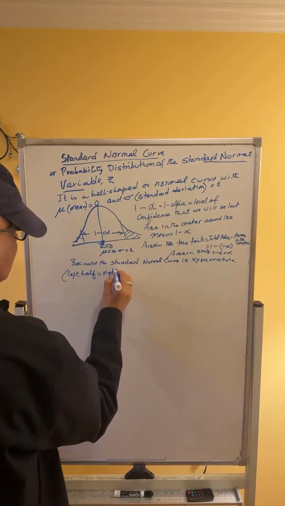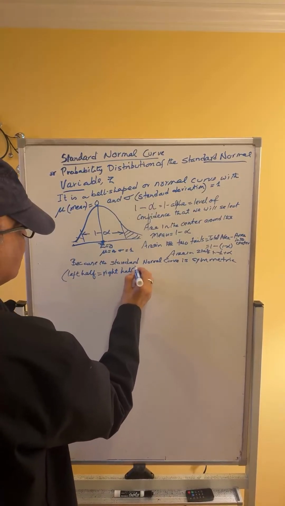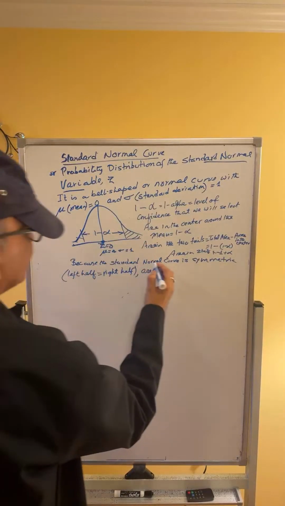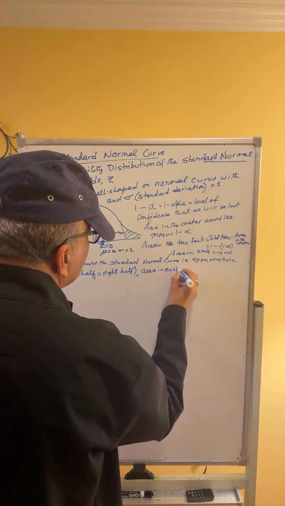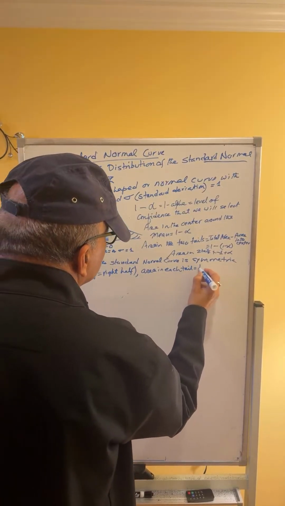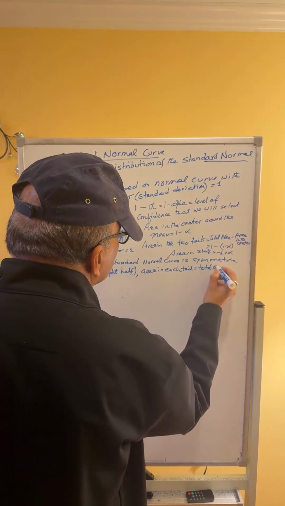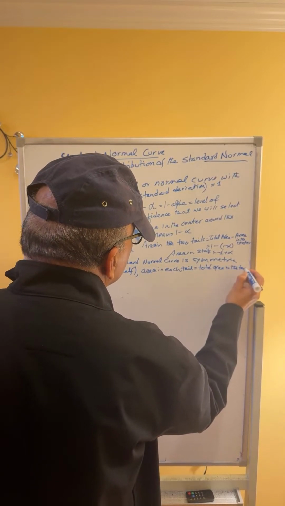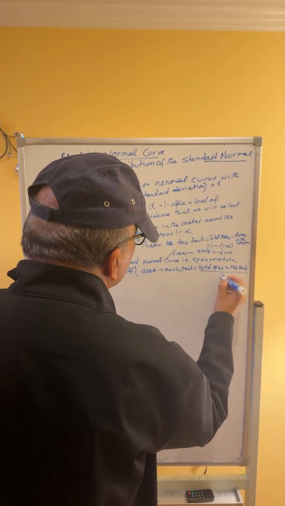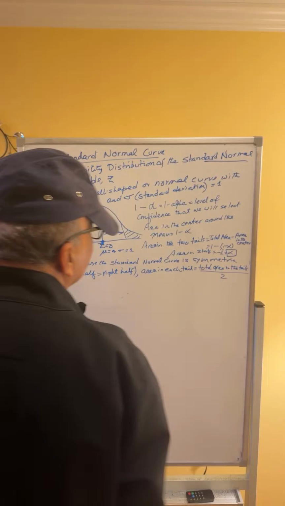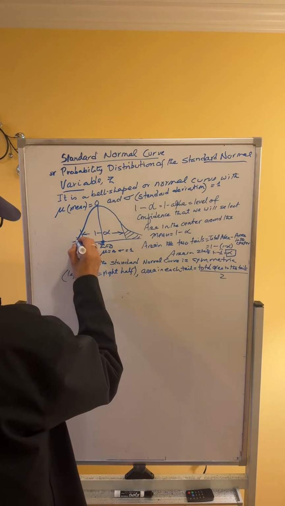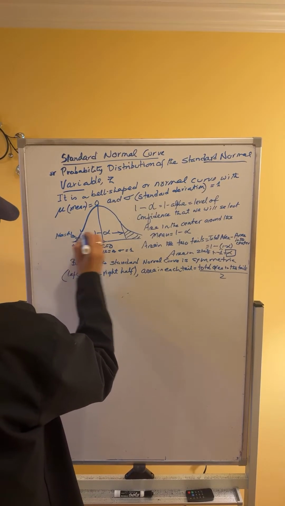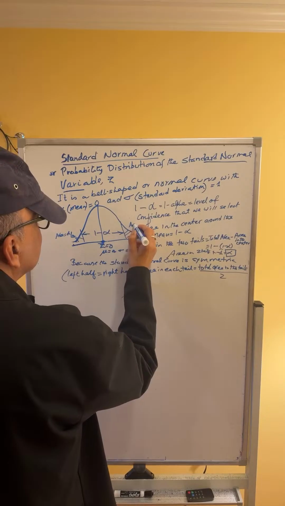So the area in each tail is the total area in the tails divided by 2. We already established that the total area in the two tails is alpha. So the area in each tail is half of that. The area here is alpha by 2, and the area here is alpha by 2.